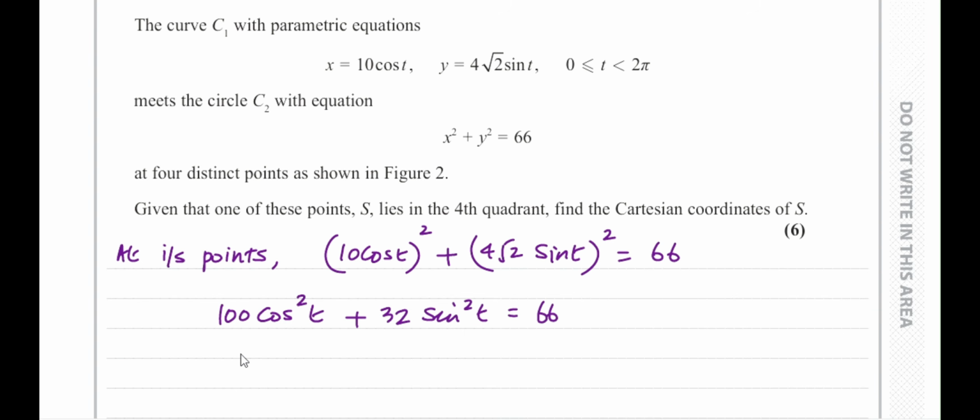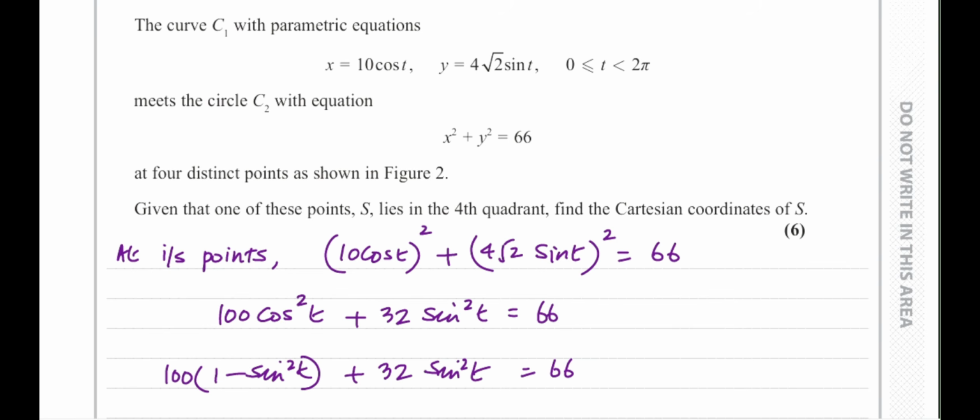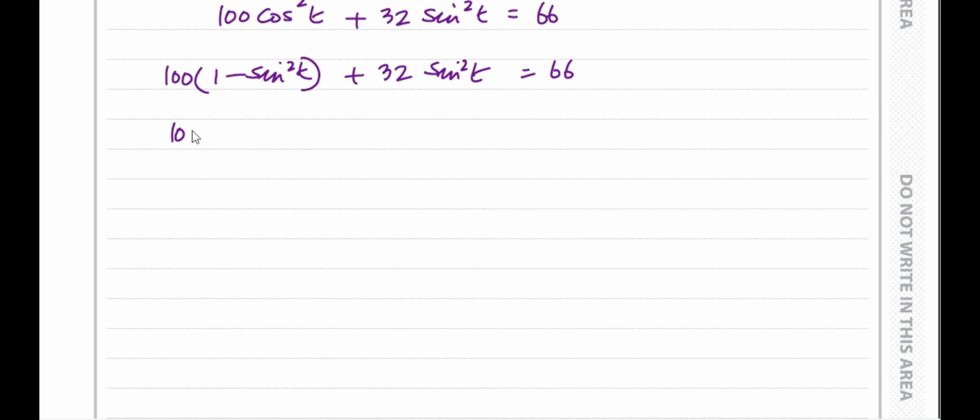To solve this, we need to convert this into a quadratic in one trigonometric ratio. For example, we can write this as 100 bracket 1 minus sin squared t plus 32 sin squared t equals 66. This gives us 100 minus 100 sin squared t plus 32 sin squared t equals 66.